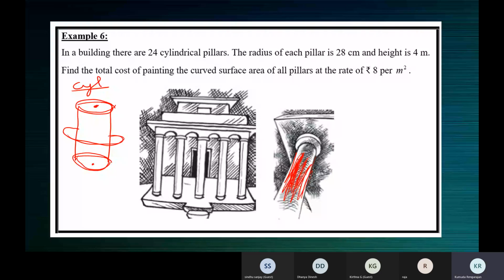Now, in temples, we see cylindrical pillars. If the pillar is cylindrical, the top and bottom are stuck. The top is stuck to the ceiling. The bottom circle is stuck to the floor, correct? Can you see the circular portions of the top and the bottom?